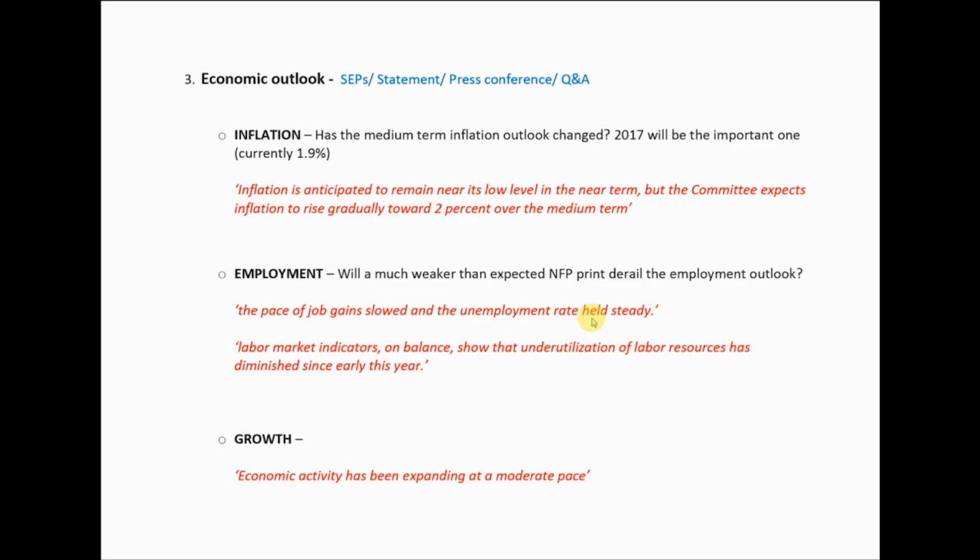Now, obviously, we've seen with the recent payrolls number, the pace of job gains has picked up again. The unemployment rate is still at 5%, so it's improved. And last time around, they said labour market indicators on balance show that the underutilization of labour resources has diminished since early this year. Again, we've had some strong data since then, so this shouldn't really be a problem to the Fed.